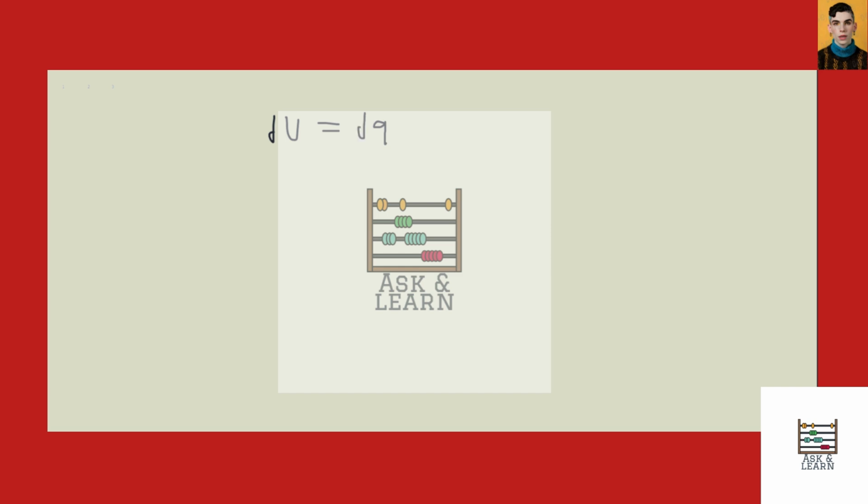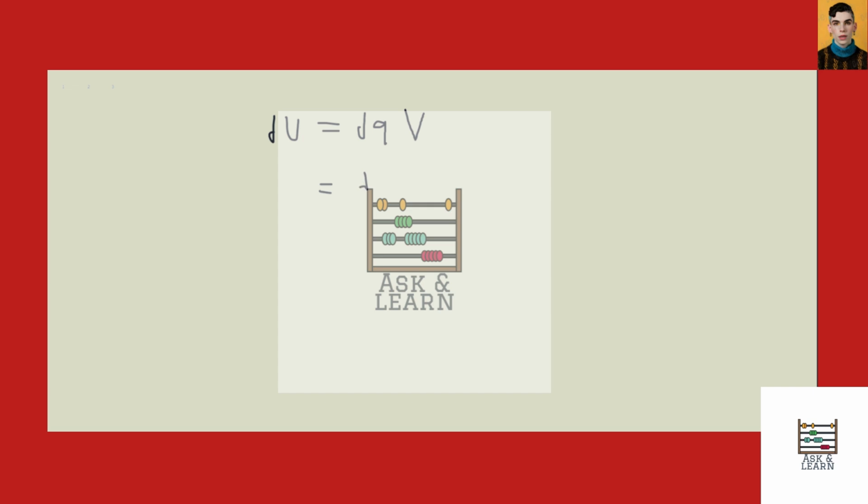Now, to do that, let's consider the work done du when you bring the charge of dq from infinity, and to find the work done, we need to multiply it by the potential difference of V.